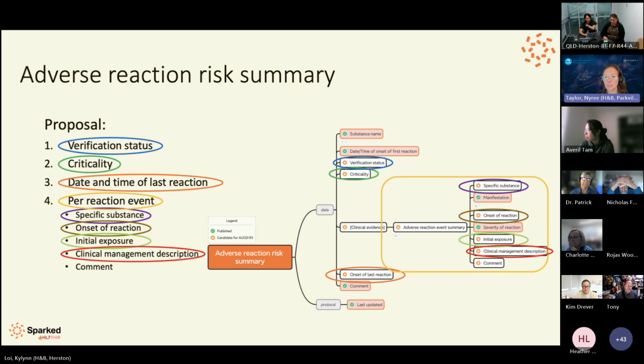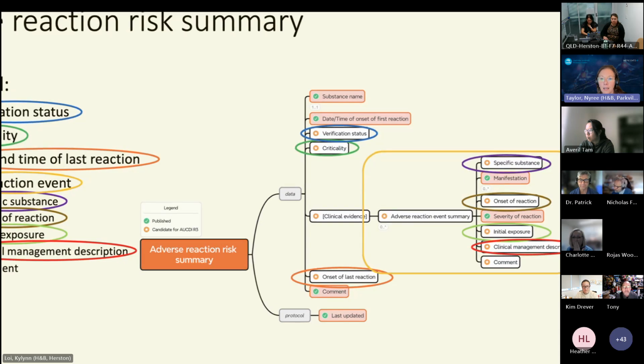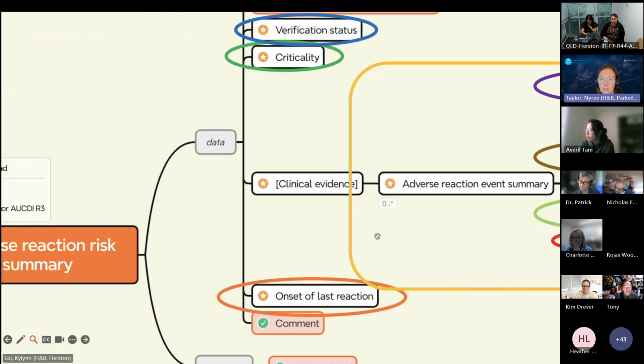I'll just draw your attention to the adverse reaction event summary with the little 0 to star label sitting nested underneath it. Can you see that just under there? So you're quite right that there are times where the same substance will have different reactions and we need to record every individual event separately.